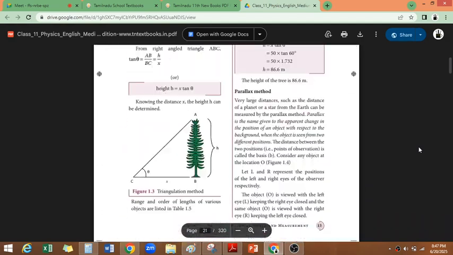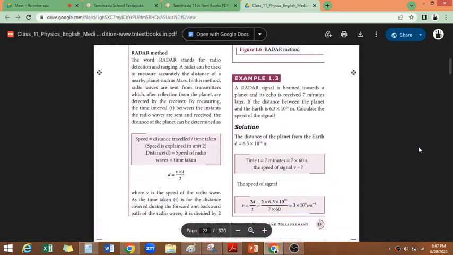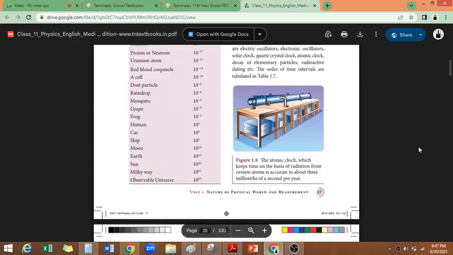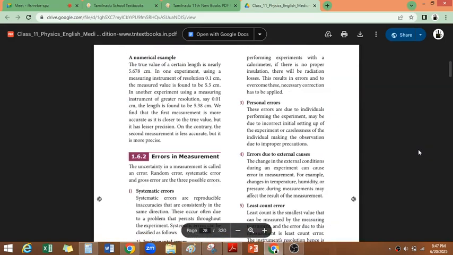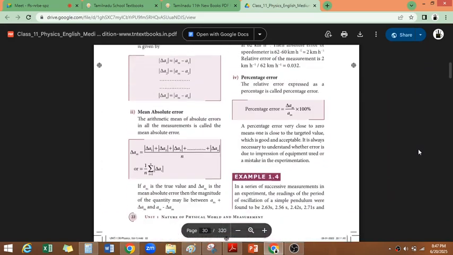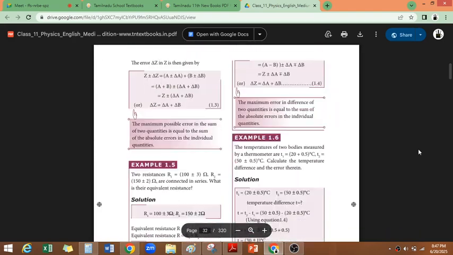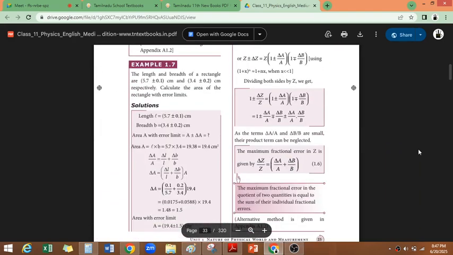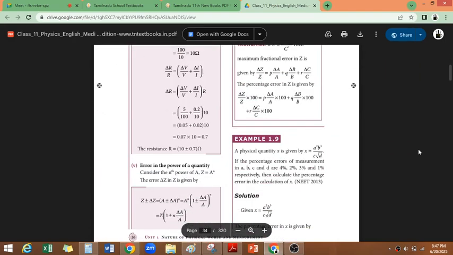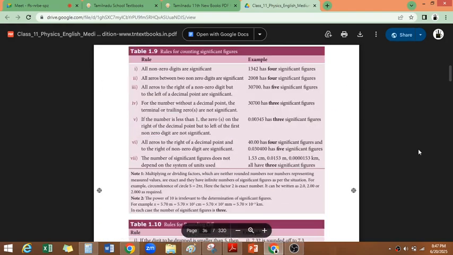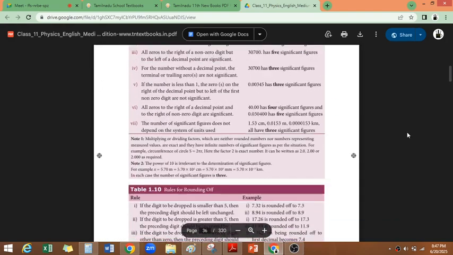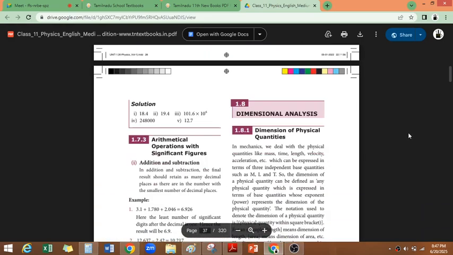I think we already saw these things. We talked about errors, we talked about error propagation, we talked about power, we talked about significant figures, we are talking about this table, and then rounding off.